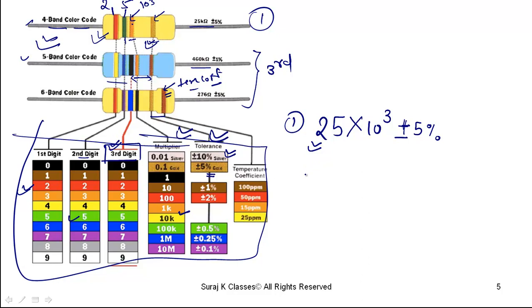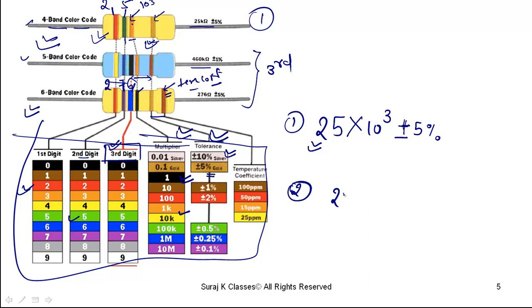So this is how you can obtain any value of resistance. Now we are taking an example of this 6 band. This is also simple. Red is representing 2, this one is representing 7, and this blue is representing 6. Now this black is for the multiplier. Multiplier is 1 here, for black it is 1.